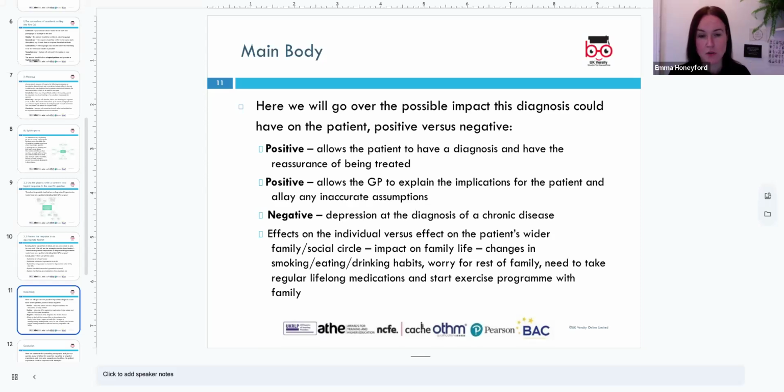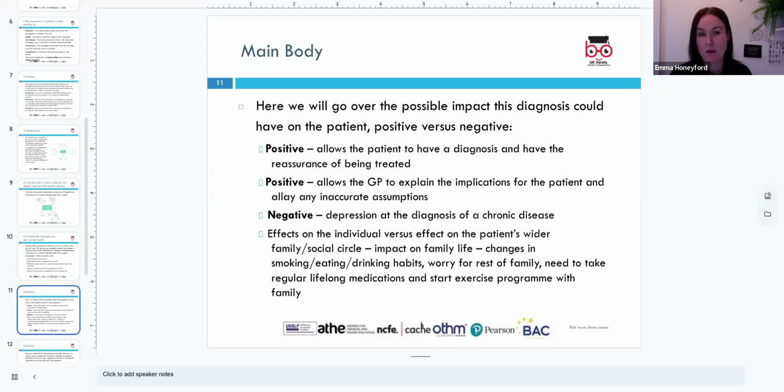So I think it's important to show the different impacts and how a patient may feel. So effects on the individual versus effects on the patient's wider family social circle. So you could talk about the impacts on family life, changes that may be required in smoking, eating, and drinking habits.